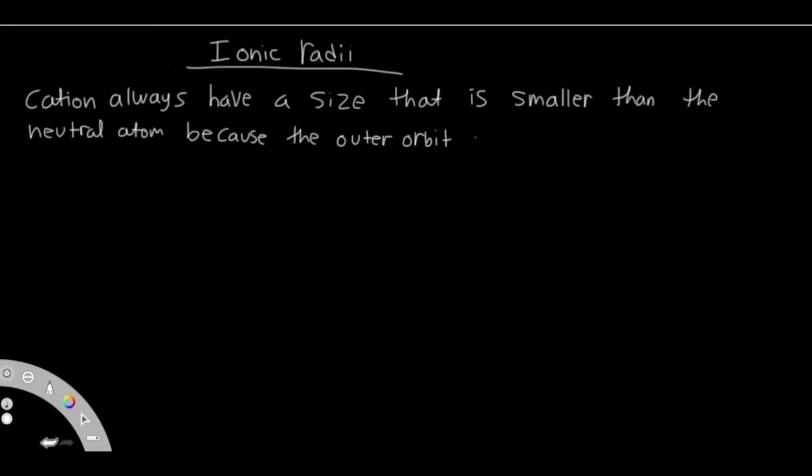Because the outer orbit has at least one less electron, there is going to be less electron to electron repulsion.